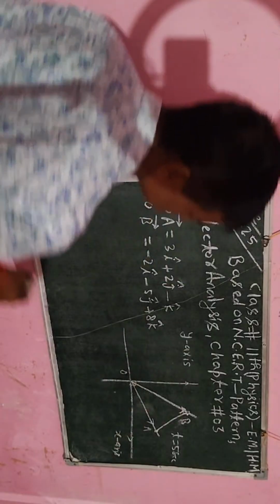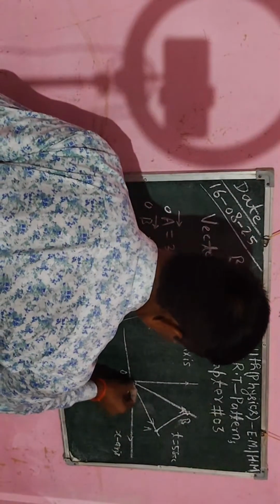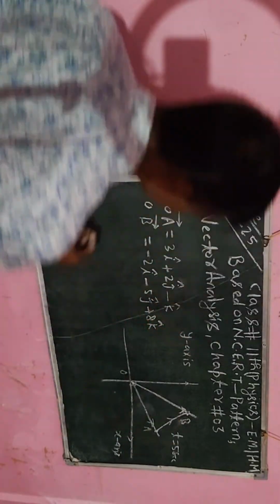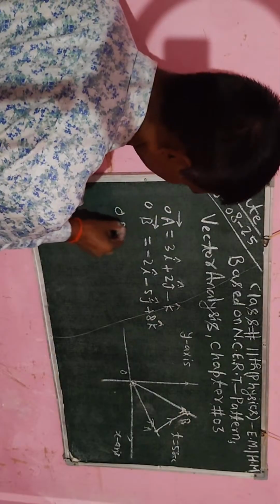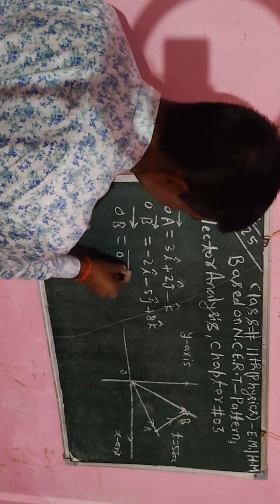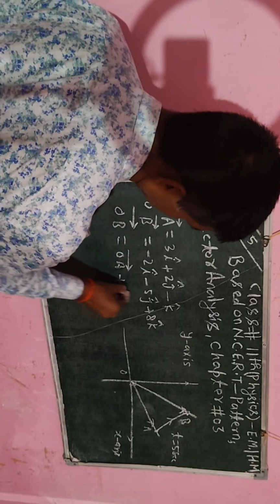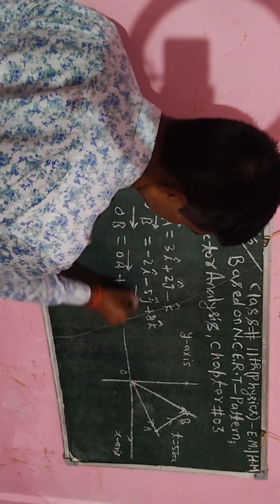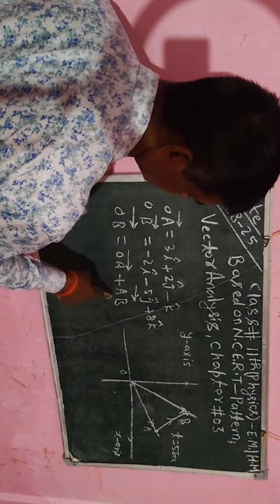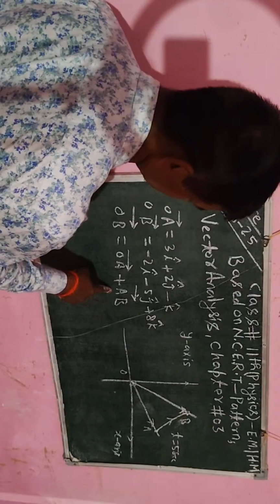So I will use here the triangle method. This triangle goes around OA, OB and AB. So OB side is equal to OA side and then AB side. OA and OB are the position vectors, but AB is the displacement vector.